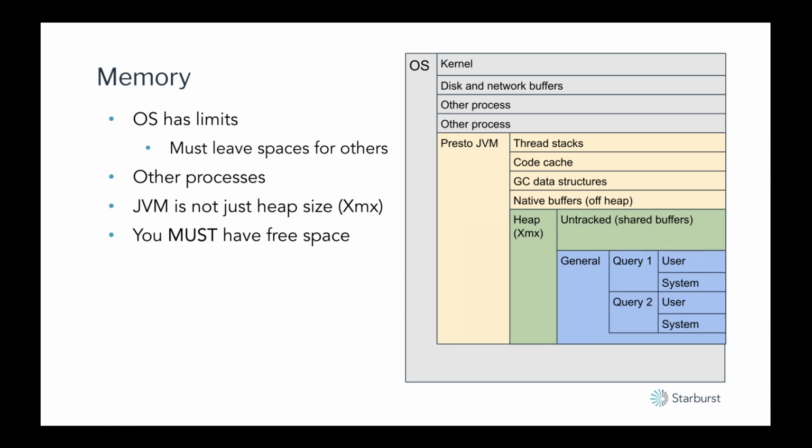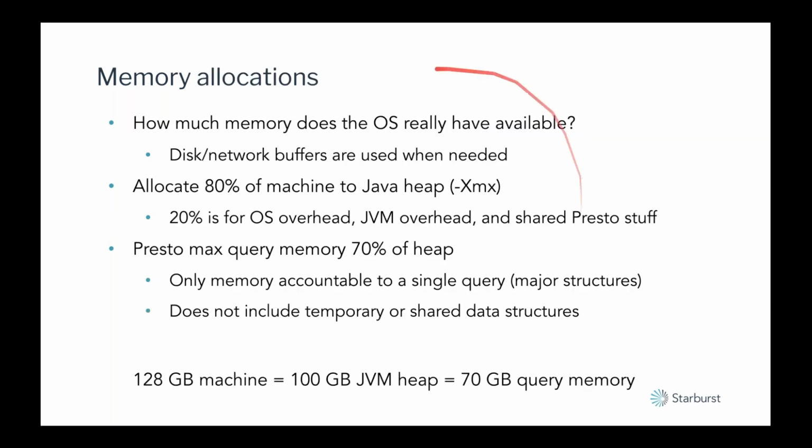There's shared things like shared buffers for our network stack between machines. As you're processing things, we might be building a temporary page of results, which might be a couple of megabytes or something like that. We don't track all that. It's too much work, and on average, it just kind of works out. We're basically tracking the really big structures. So, all right.